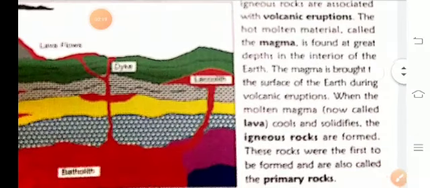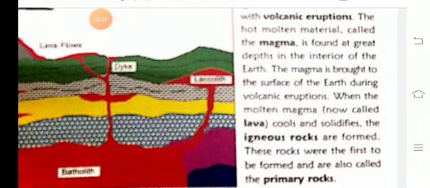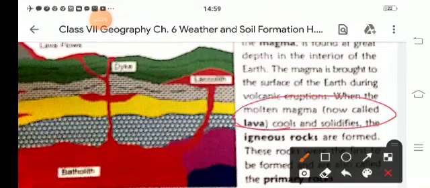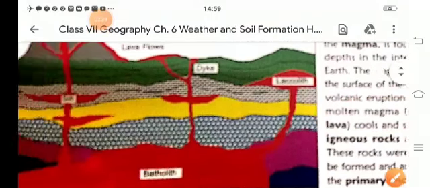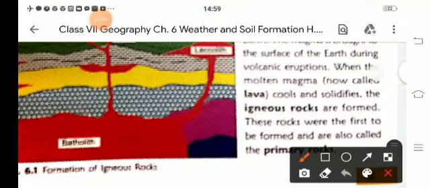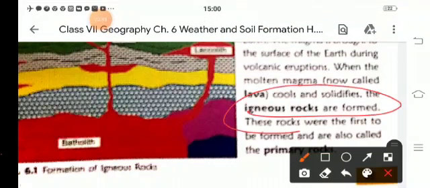The magma is brought to the surface of the earth during volcanic eruptions, when the molten magma, known as lava, cools and solidifies. When it comes out, it cools and becomes a solid, and it forms igneous rocks. Igneous rocks are also known as the primary rocks.